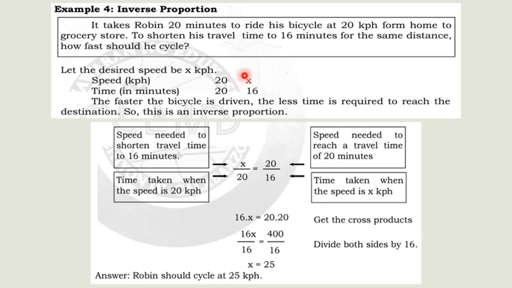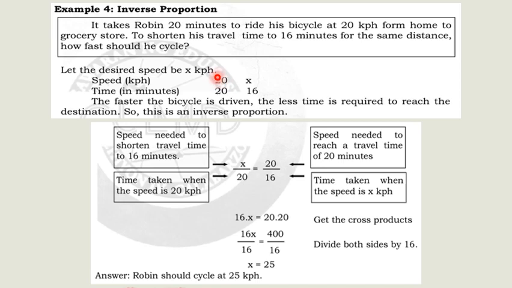Ito yung hinahanap natin. So, paano naman natin siya gagawing proportion? Doon sa direct, ang gagawin nyo lang is pag-partnerin. So, yung speed at saka yung minutes, yun ang magka-partner. Tapos, yung 16 at saka yung x, yun ang magka-partner. Dito sa inverse, magkabaliktad.